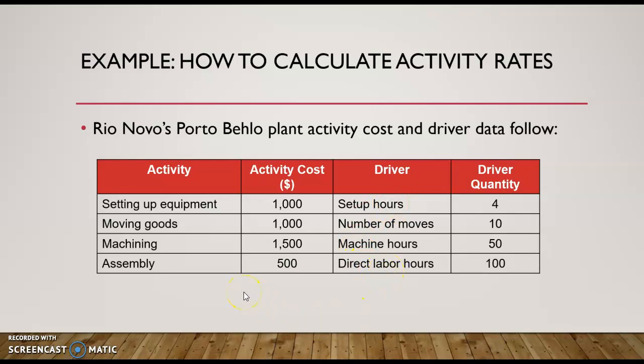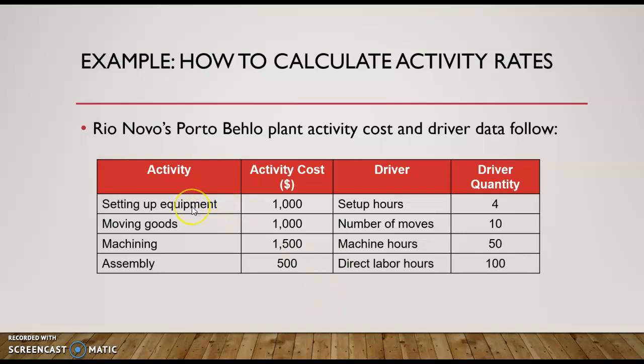So if the direct labor hours for all of these things was maybe 200 instead of 100, then we would take this 4,000 divided by the 200 total direct labor hours that we needed for everything. That would give us a plant-wide single rate.